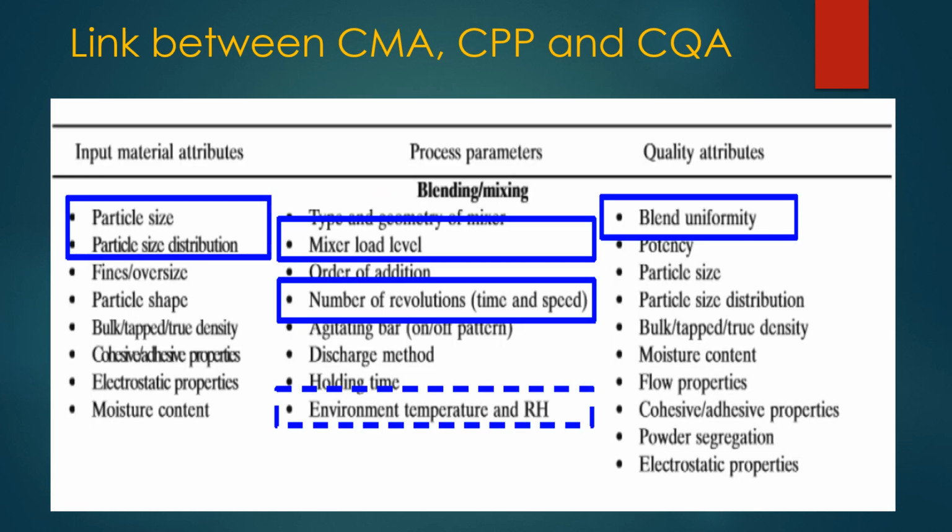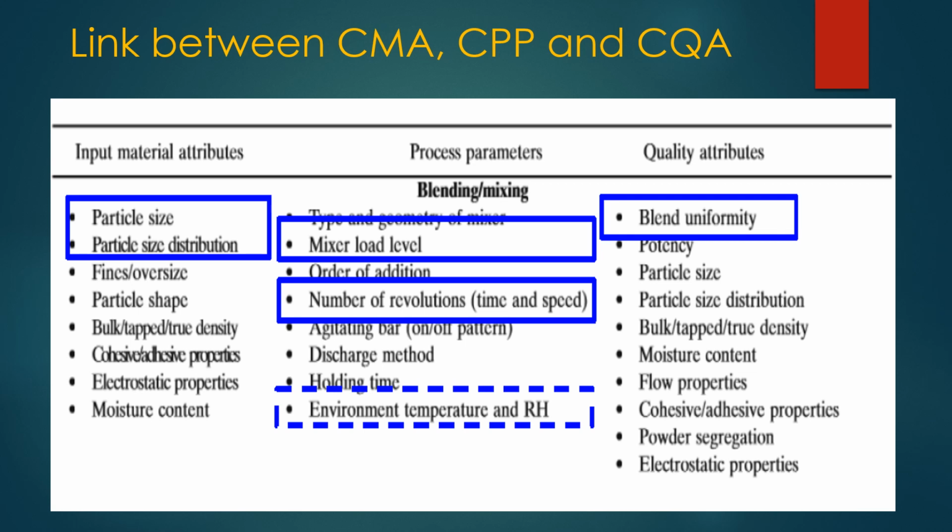Here is another example of the relationship between critical material attributes of input material and the critical process parameters related to quality attributes. Controlling CMAs and CPPs are the most critical parameters during pharmaceutical development. In this example of blending and mixing operation, blend uniformity is the CQA.